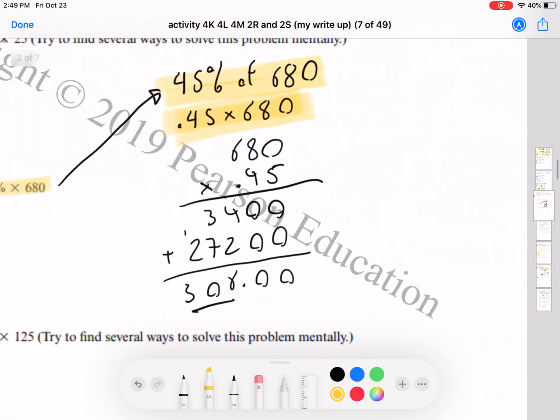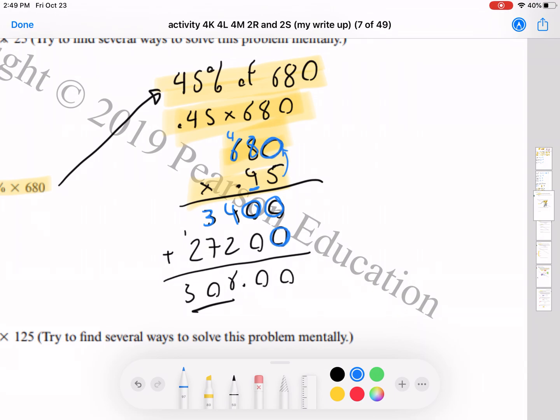Let's do 680 times 0.45, and this is the laborious way to go about it. Let's do 5 times 0, and that's 0. Now 5 times 8 is 40, so we put a 0 and we carry a 4. And now 5 times the 6 should be 30, and we add the 4, and we get 34. Now when we move over, you start by adding a 0. This is the standard multiplication algorithm.